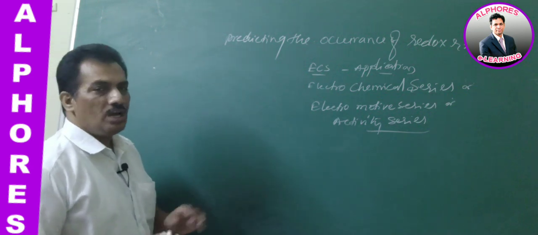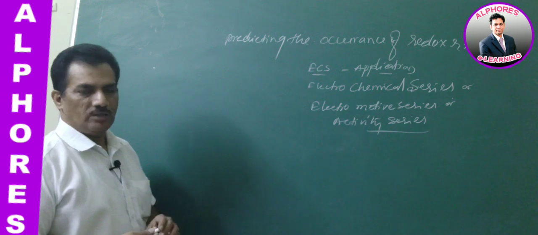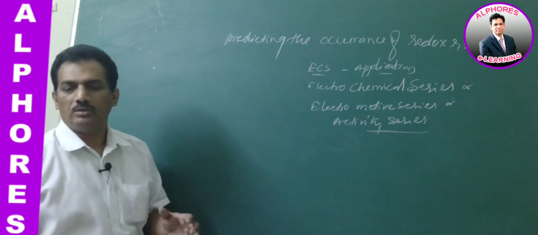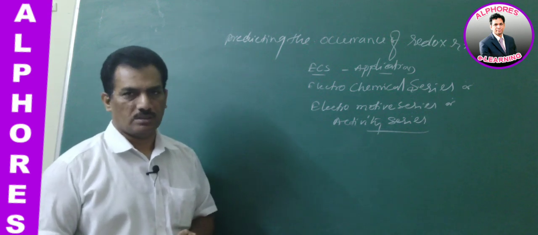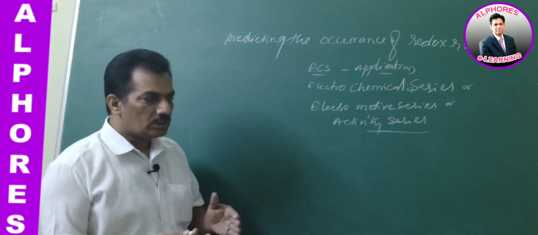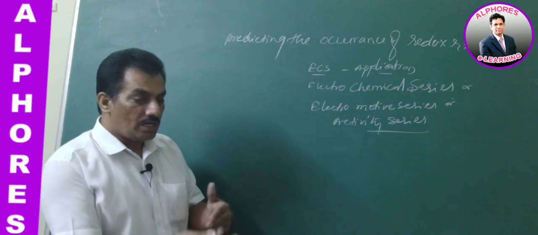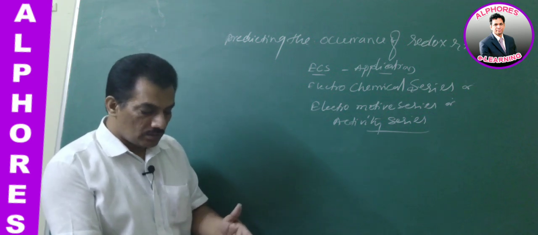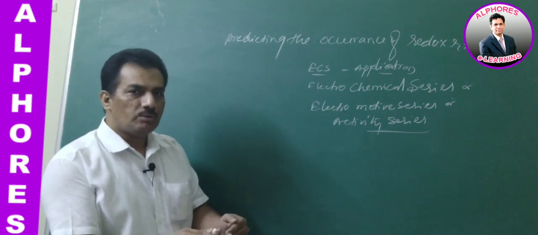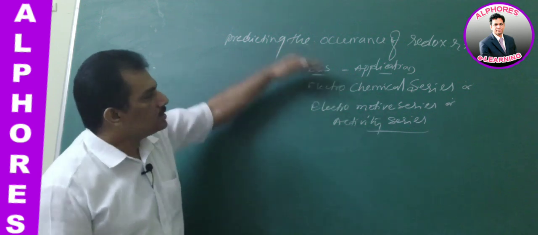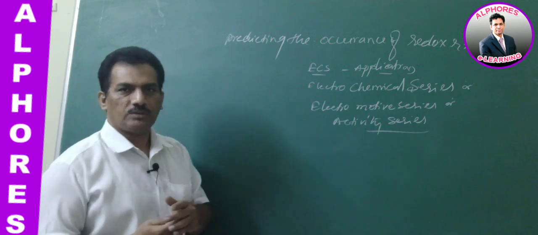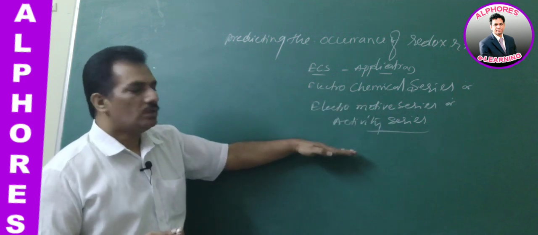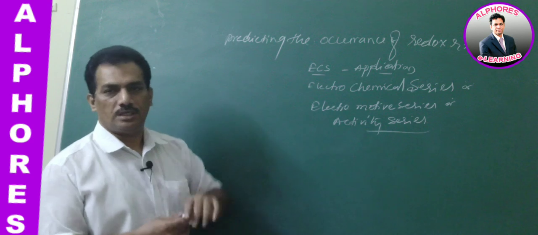But you need not worry about the numerical values, because when they ask any question related to that, they provide the electrode potentials. So our duty is to arrange those electrodes from those electrode potentials. You should be in a position to arrange them in the ECS, that is increasing order of SRP or decreasing order of SRP. When you arrange all those, then automatically you will get that ECS.